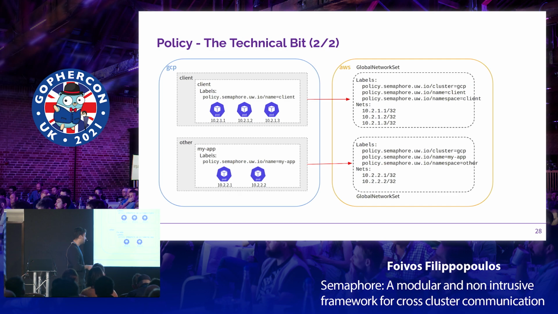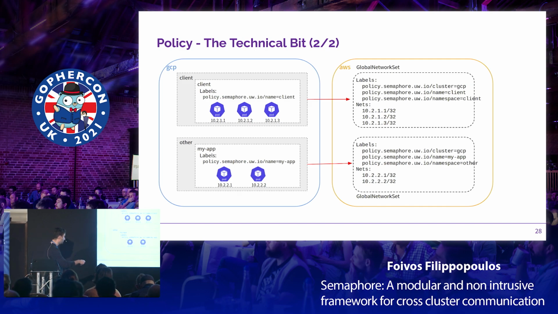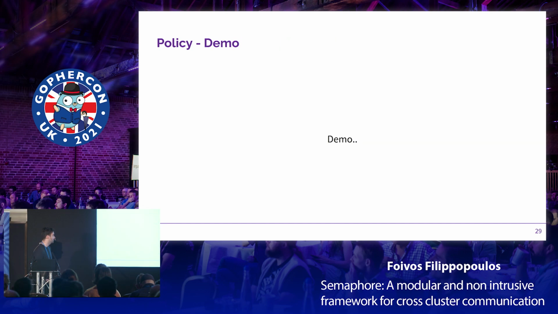Each net is a simple /32, so a single address, and it corresponds to one pod address on the other side. So for this particular scenario, we're going to have 3 /32s representing these 3 client pods. And the same thing will happen for every other deployment that we label and assign a policy.